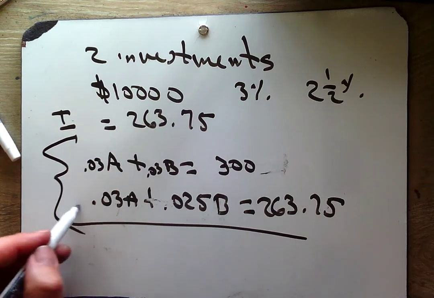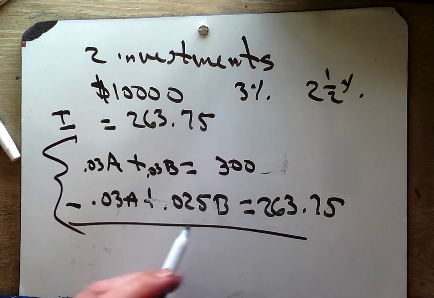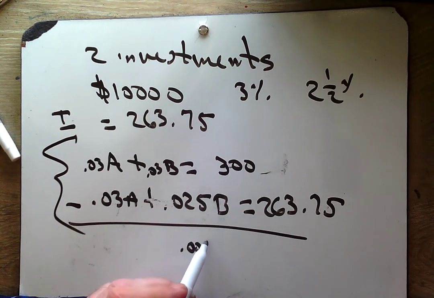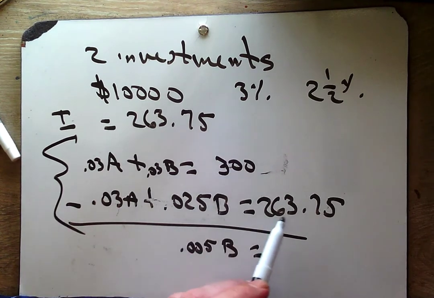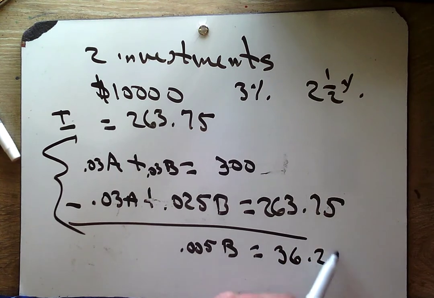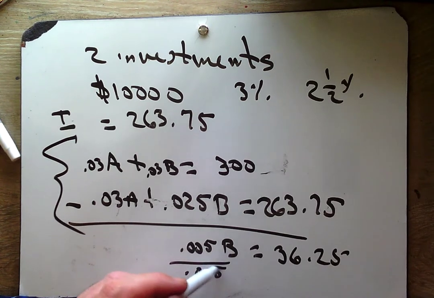Since these coefficients are the same, I'll subtract. 0.03B minus 0.025B is 0.005B. And here 300 minus 263.75 is going to be 36.25. So now I need to divide by 0.005.